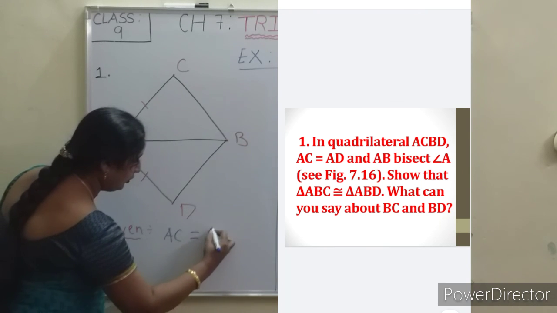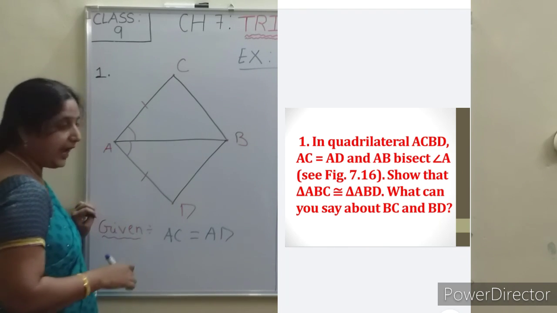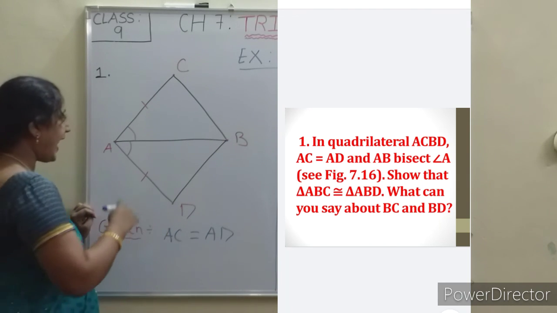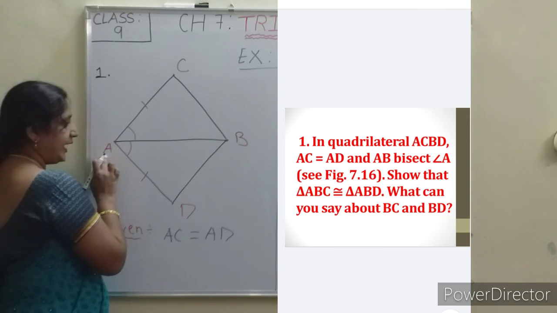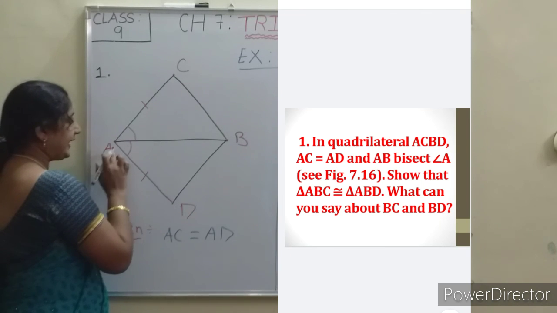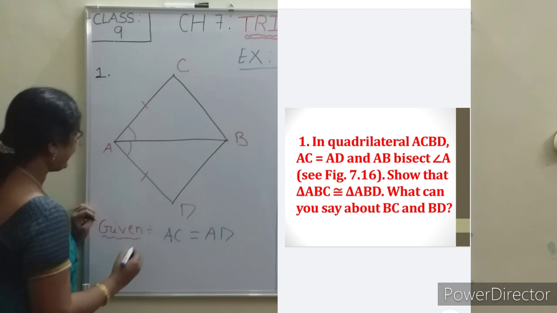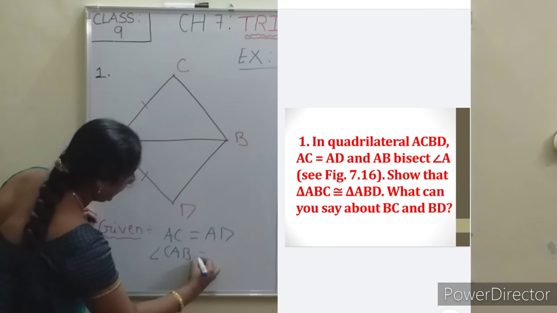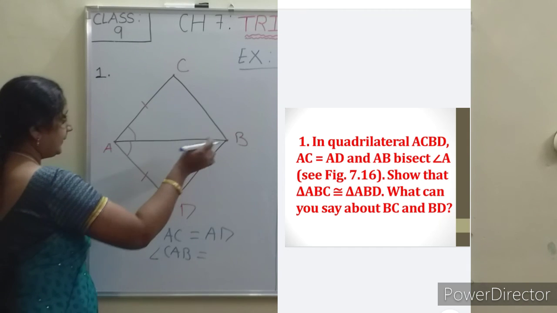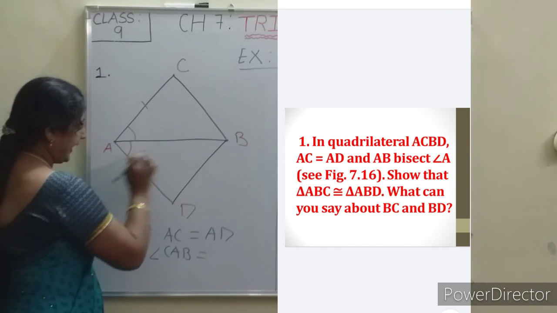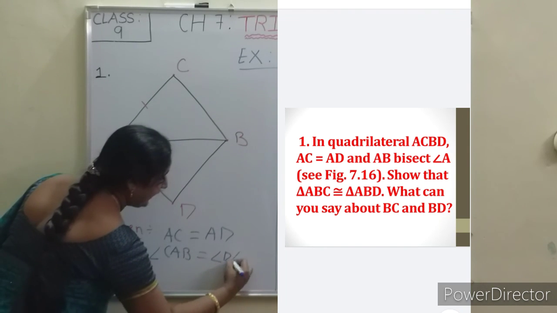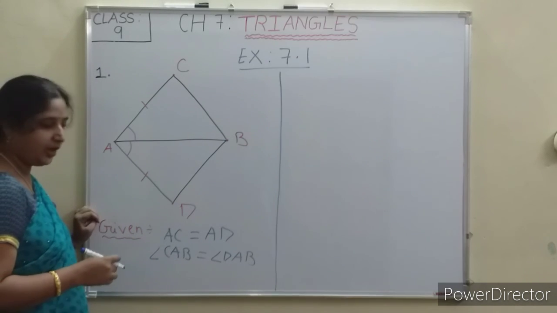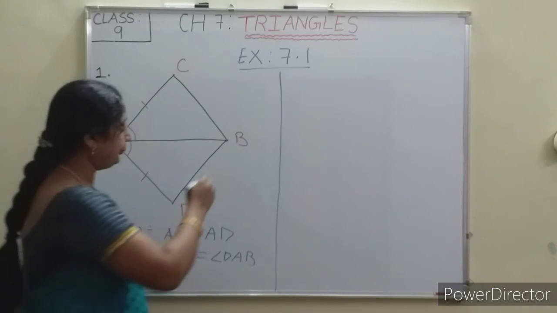AC equals AD, and line AB bisects angle A. That means angle CAB equals angle DAB. These both angles are equal. Children, now we have to prove.